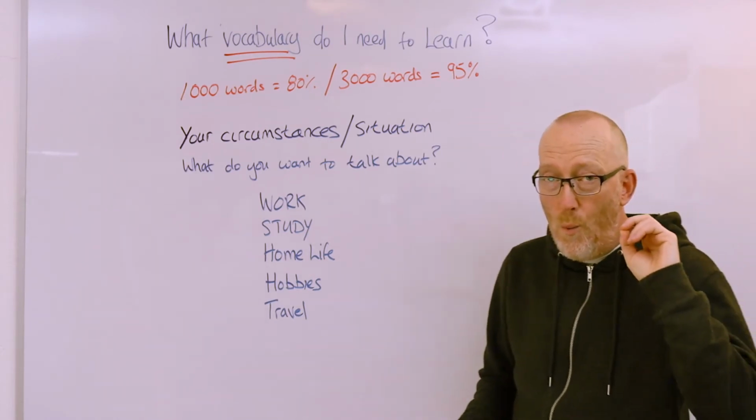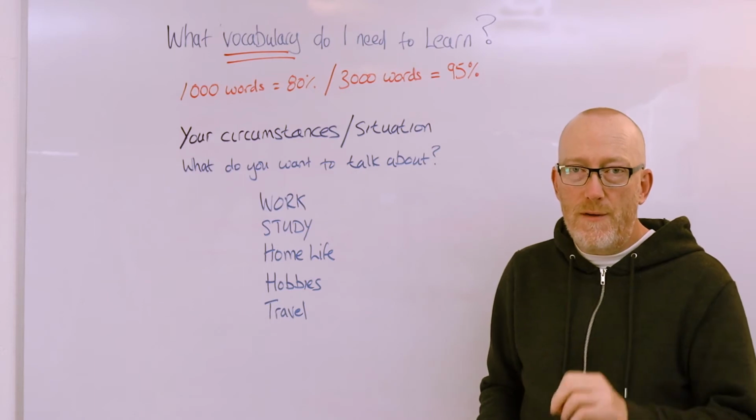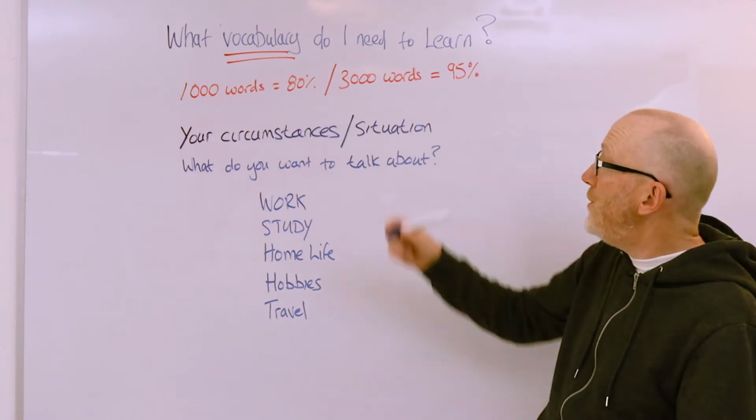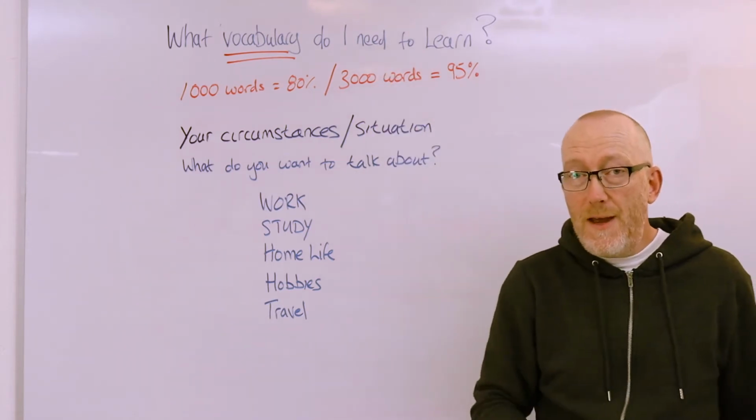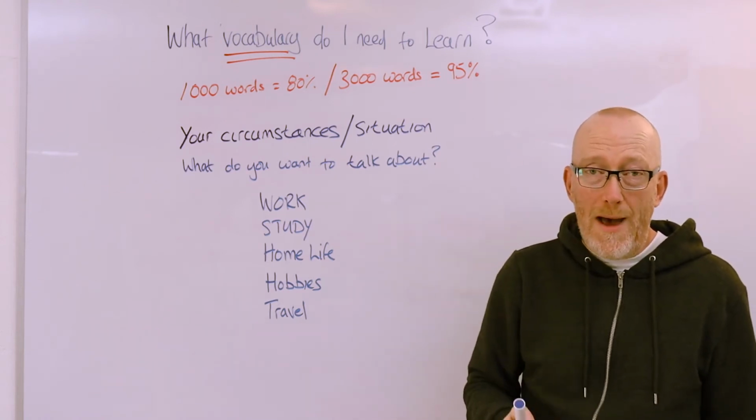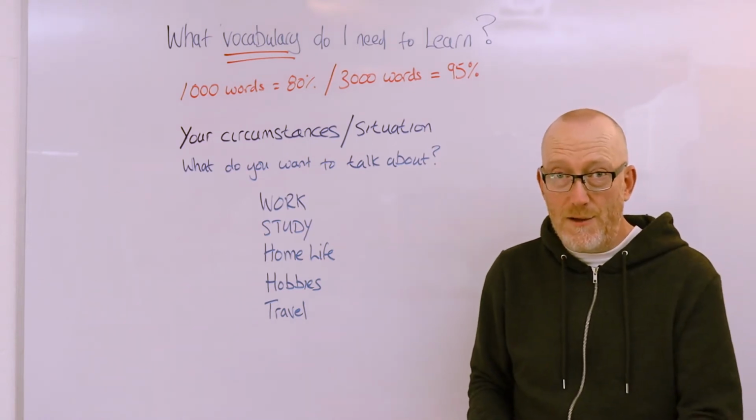So when you are deciding what words you want to learn or what words you need to learn, you have to think about the circumstances where you will be using English.